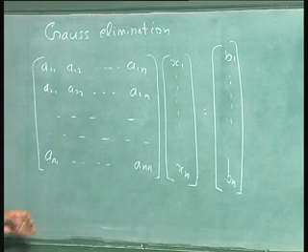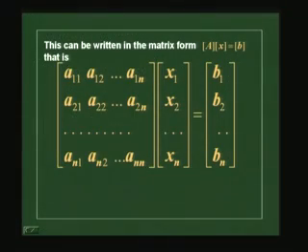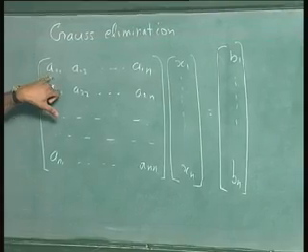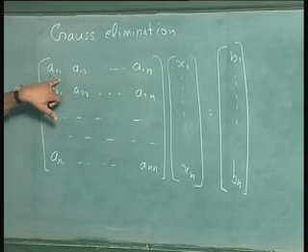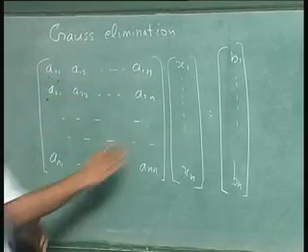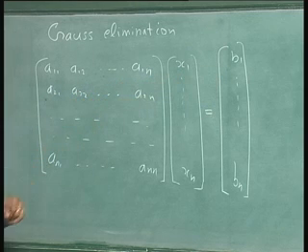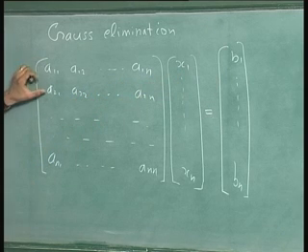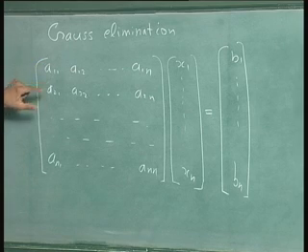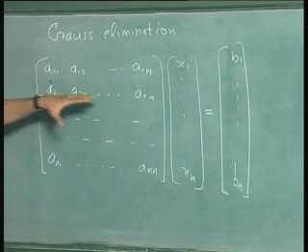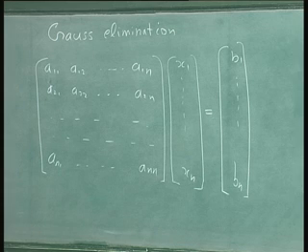Since we can write the set of linear equations in this form, we also saw that if I multiply any of these rows by a constant on either side of the equation, or replace one of these rows by a linear combination of two rows, then I will not change the solutions of the equation.